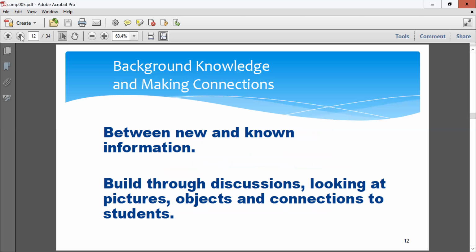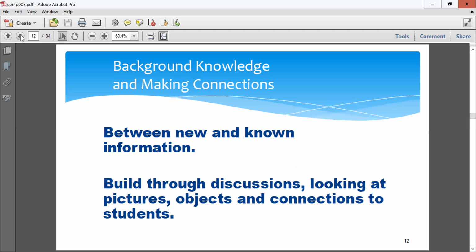Background knowledge and making connections. Making connections between new and known information is critical for all students. So what may be difficult about ELs is knowing what they already have. What is their background knowledge?